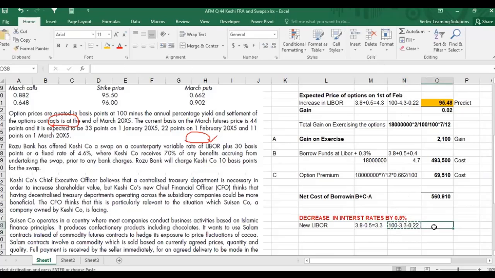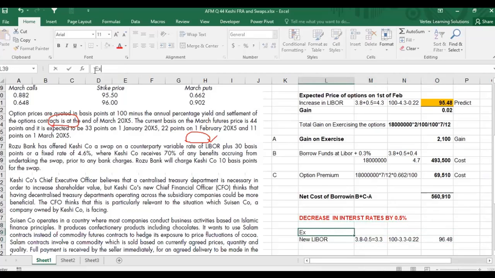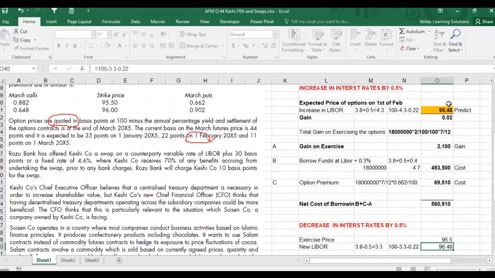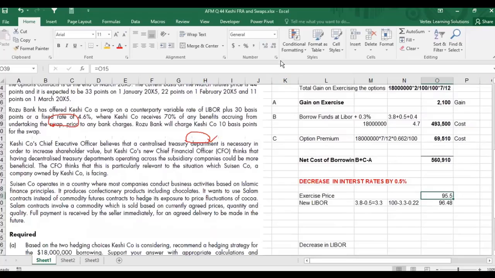Now, see here, my exercise price will not change, because the exercise price was in the contract, that was 95.5. So the exercise price remains 95.5, but my market price of the option would be 96.48.